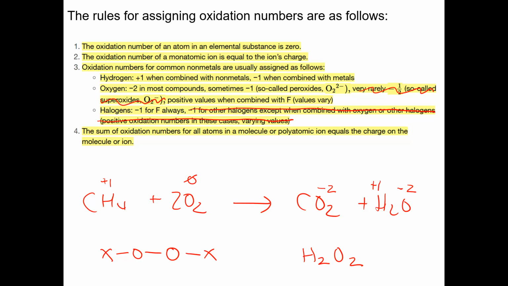If I'm going to look at this methane molecule here, I don't have a rule for carbon, so I'm just going to let that be X. And then I have 4 hydrogens that are +1, and that has to add up to the charge, which is 0. So I hope that you can see that X must be -4. So there we go, -4 for the carbon there. We only have one other outstanding oxidation number.